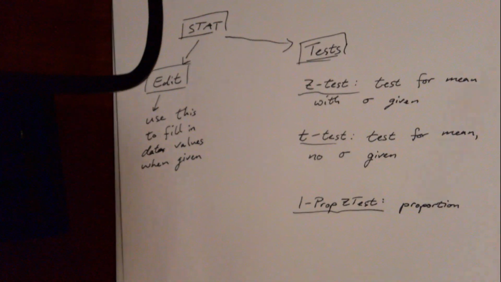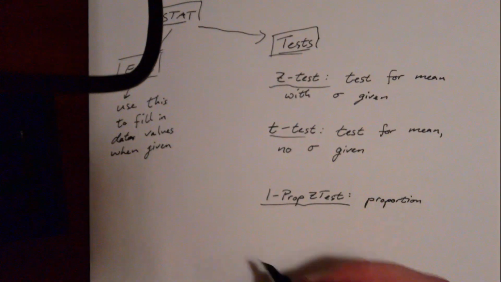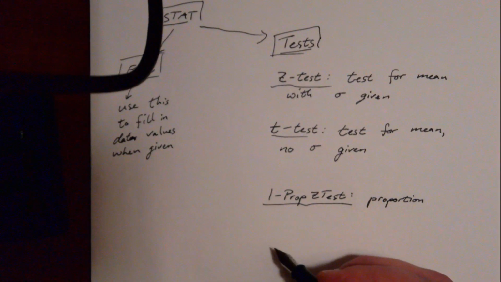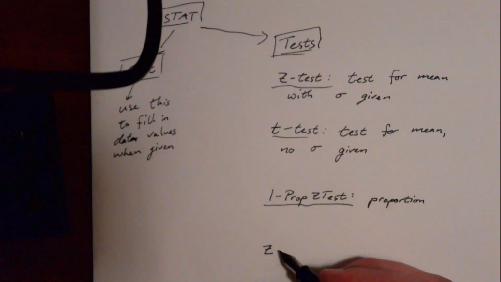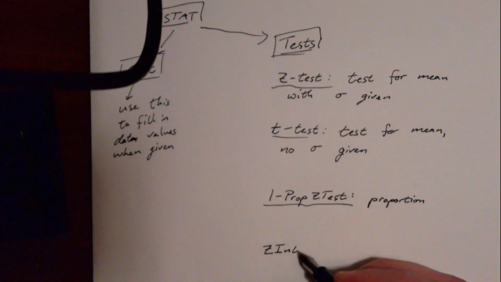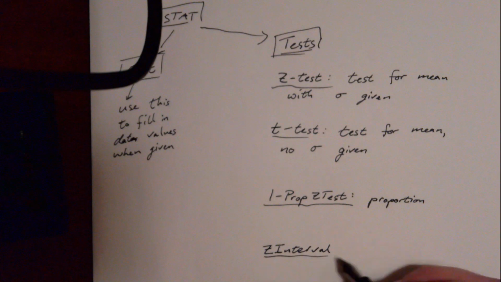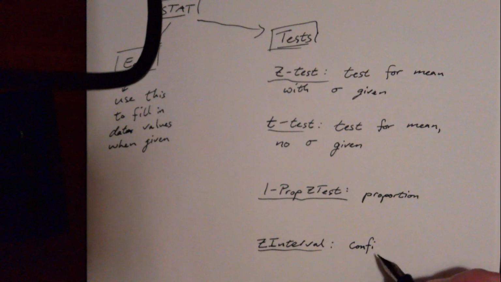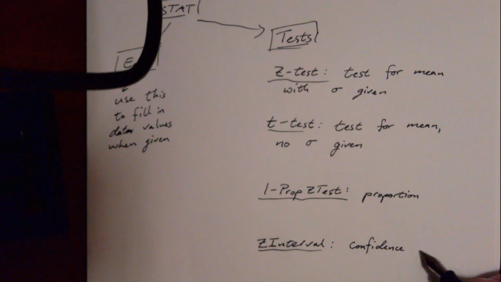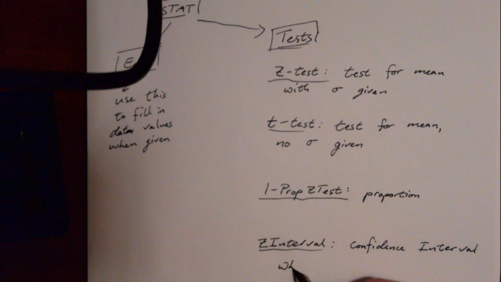And while we're at it, just a little bit further down on that same menu, we also have the confidence intervals. The z-interval is a confidence interval, again using the z distribution, where sigma is given.